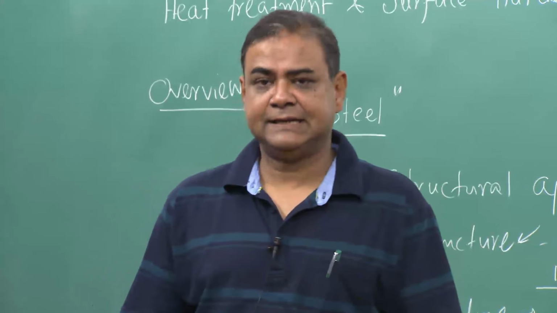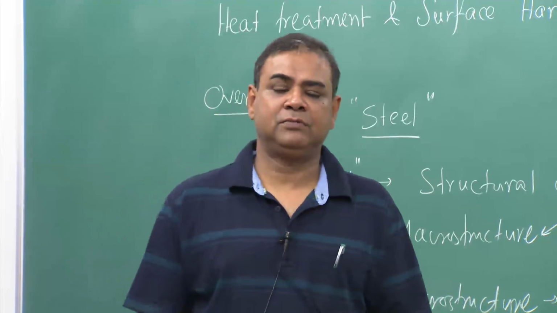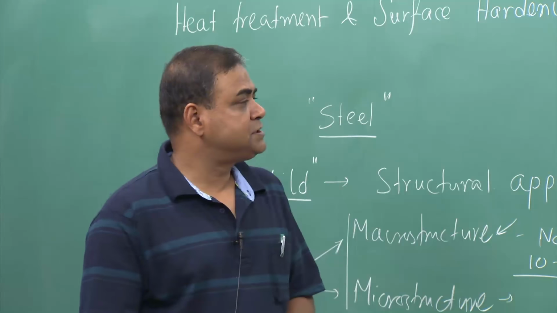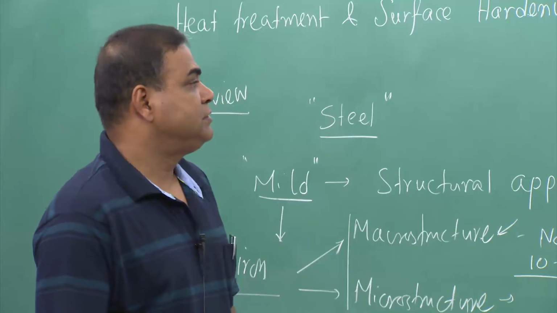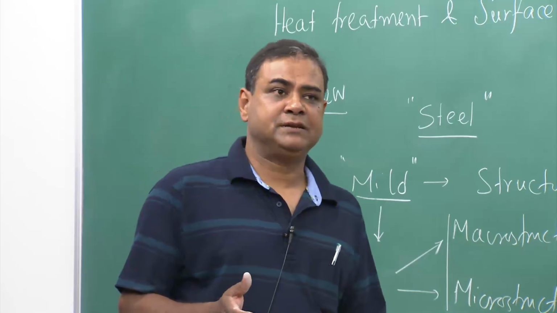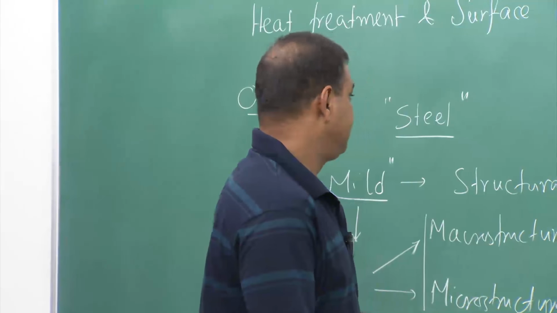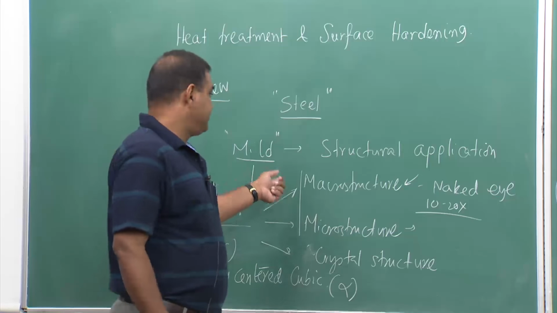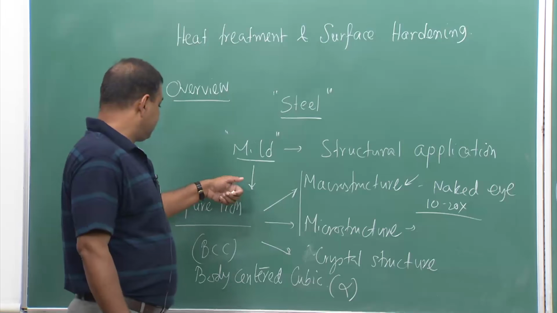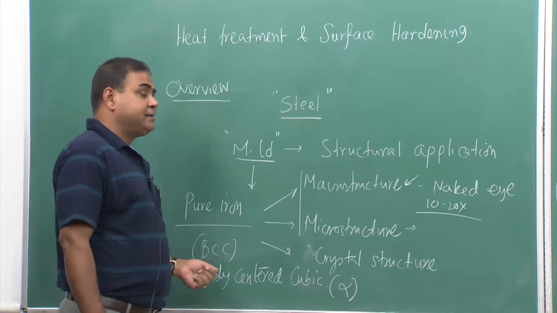Okay, so let us begin from where we left off in our last lecture. In the last lecture, we talked about composition and associated structure in one of those materials called steel, and in steel we talked about mild steel, and in mild steel we then talked about pure iron.